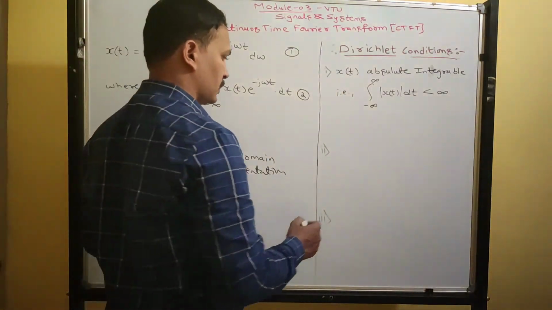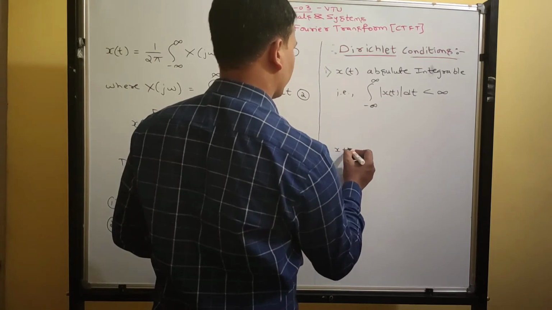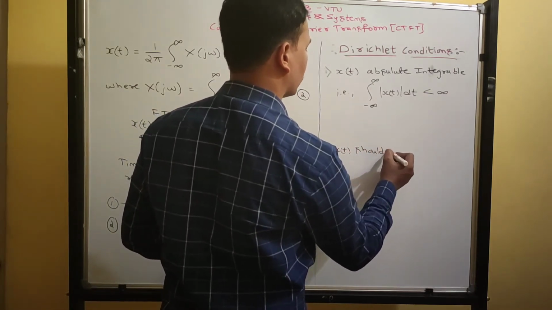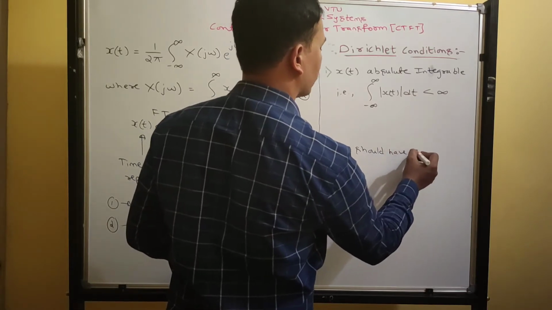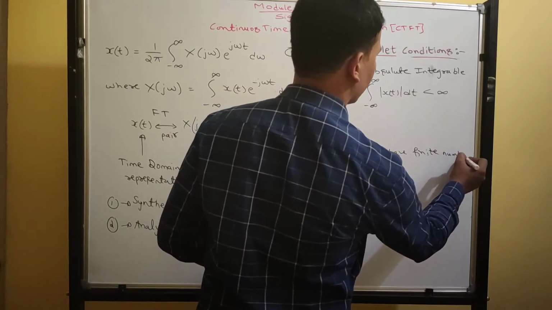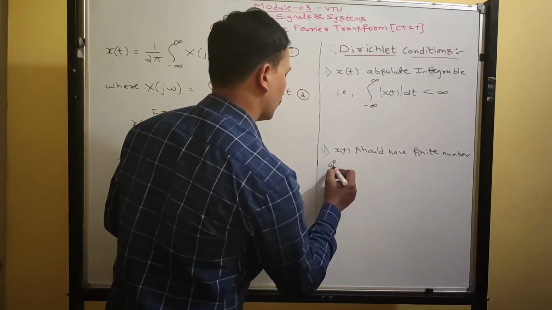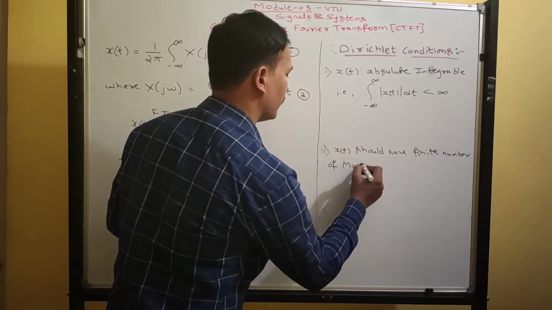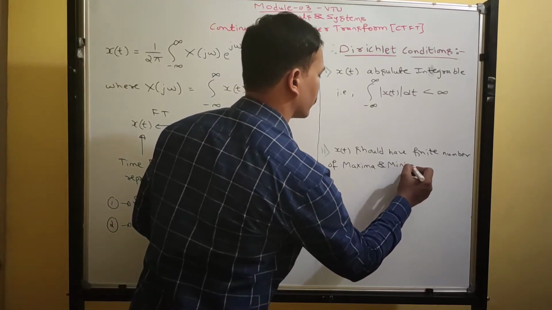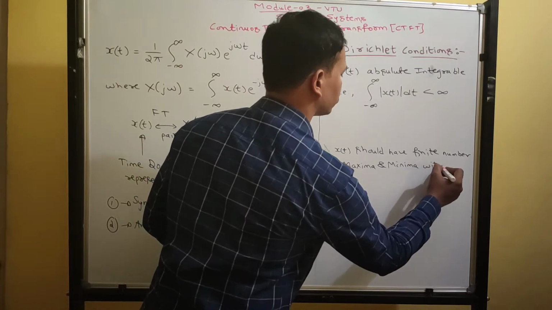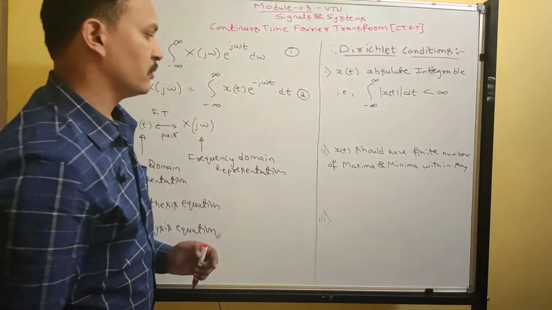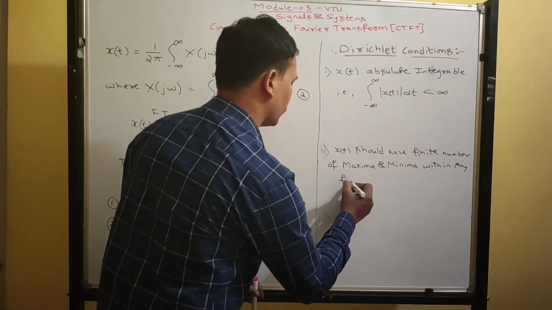Then the second condition is x of t should have a finite number of maxima and minima within any finite interval.